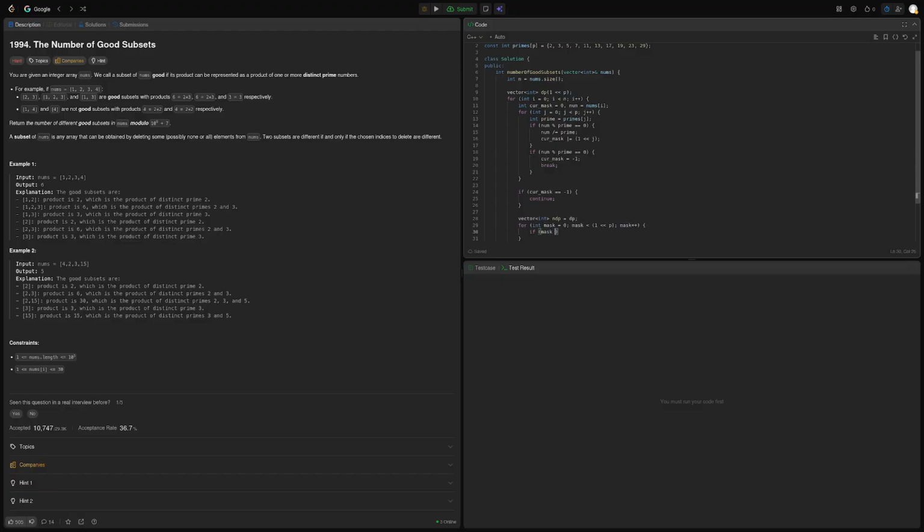And then if mask and current mask is equal to current mask, and this needs to be in brackets, then we do NDP current mask is equal to DP current mask plus DP current mask XOR mask. So we want to turn off the bits that are in the current mask.